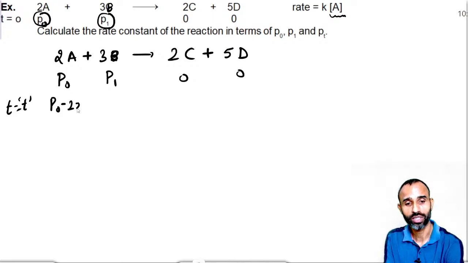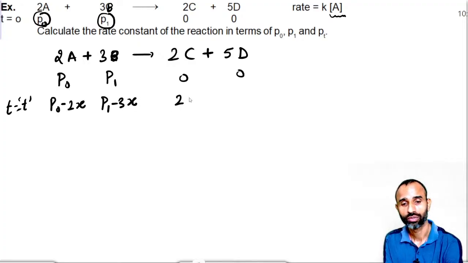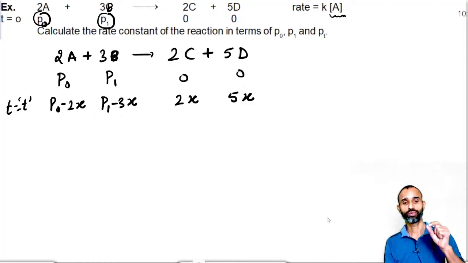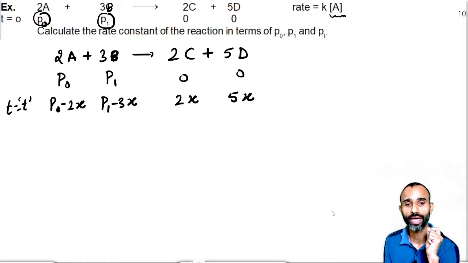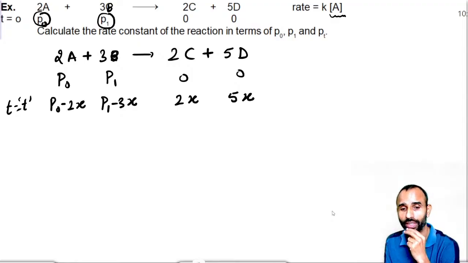So let us take it as 2X, 3X, becomes 2X and 5X. Because if 2 moles of A react, then it will react with 3 moles of B to give moles of C and 5 moles of D.